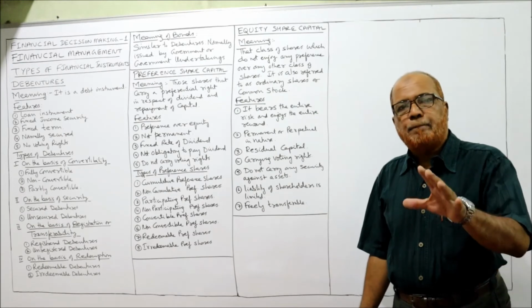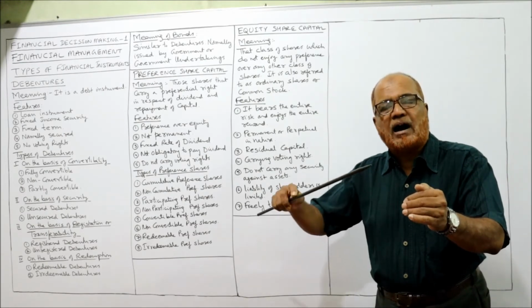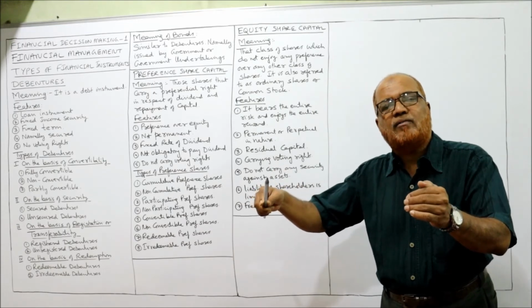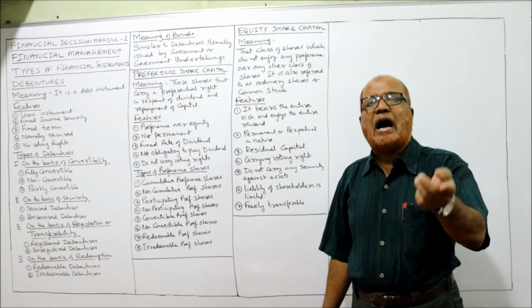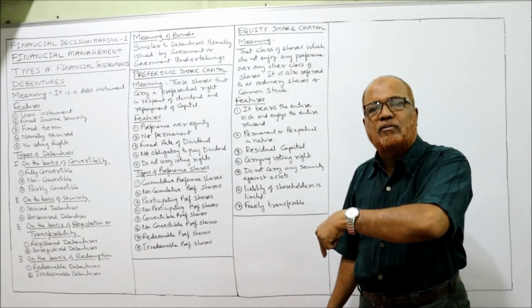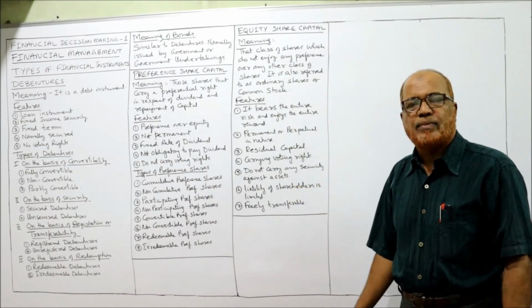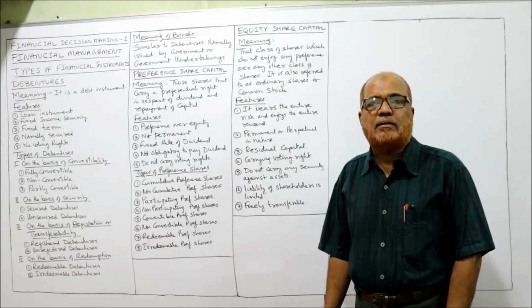That means the equity shareholders will get the dividend only after making the payment of dividend to preference. If any profit is left after paying the preference dividend, that profit will go as dividend to equity shareholders. Otherwise, if no profit is left, no equity dividend will be paid.